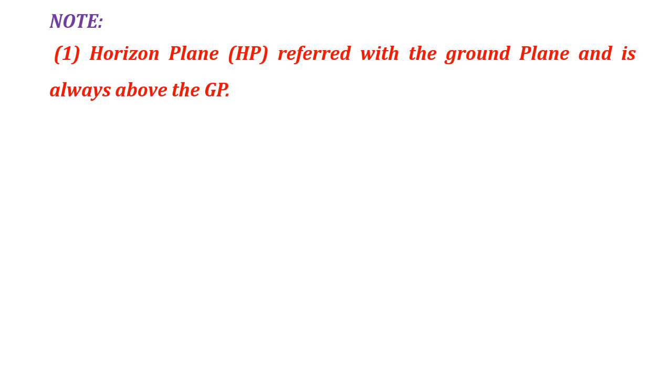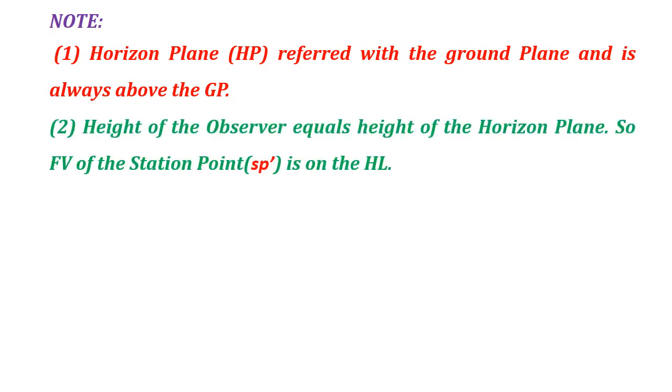First one is the horizon plane HP, referred with the ground plane, and it is always above the ground plane. The height of the observer equals the height of the horizon plane from the ground plane. So the front view of the station point SP dash is on the horizon line.